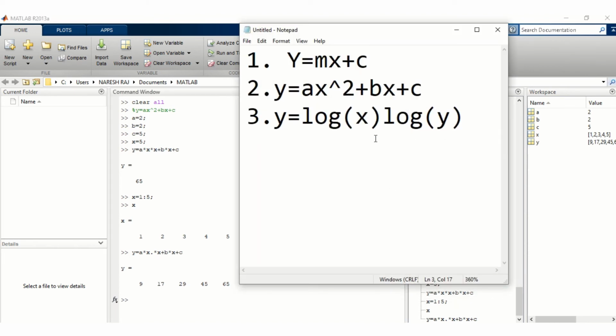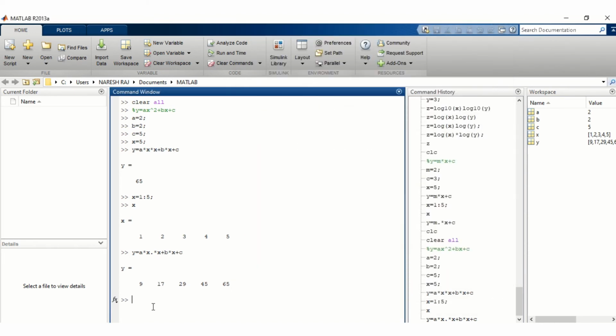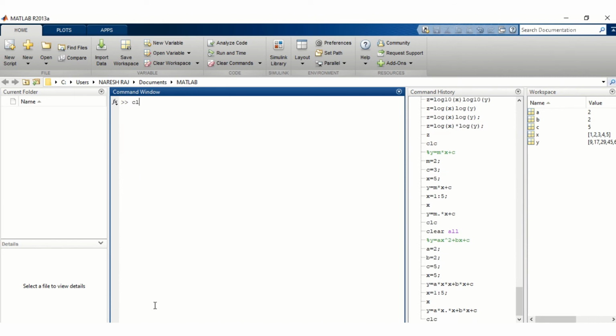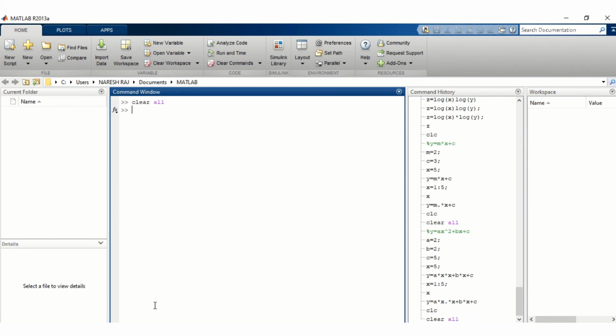y equals log x times log y. For this, first we will clear the command window with the help of the clc command, and clear the workspace with the help of clear all. First we will write the equation that we are solving now: y equals log x into log y.